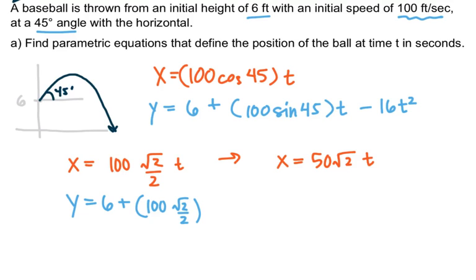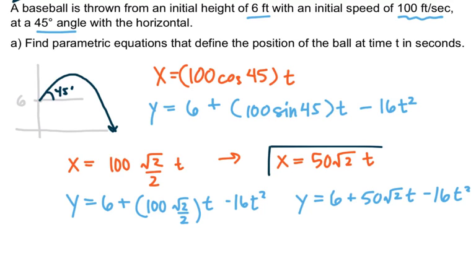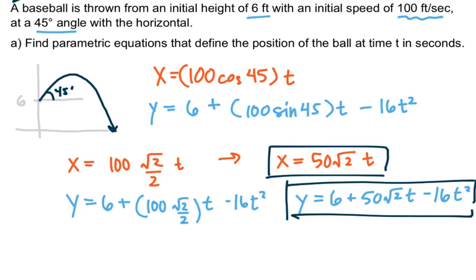It's the same as cosine. Times t minus 16t squared, or rather y equals 6 plus 50 root 2 t minus 16t squared. And now we have two parametric equations that represent the position of the ball at time t. So we have a horizontal position and a vertical position, both with respect to time.